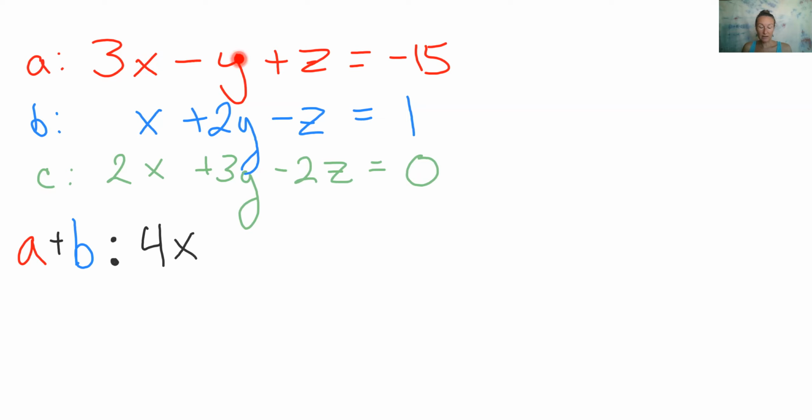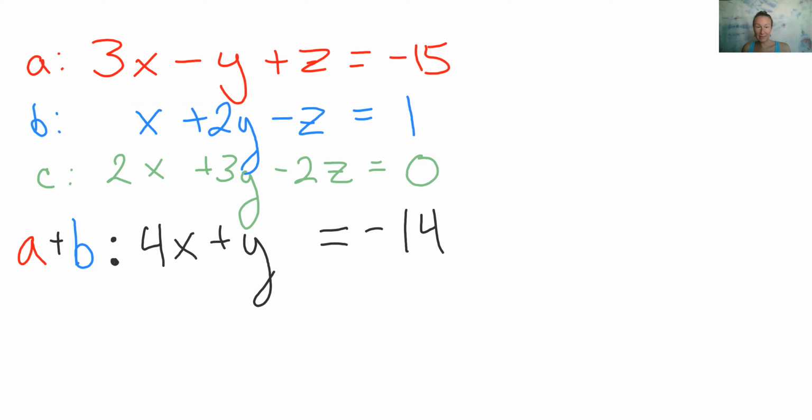I'm going to add a -y plus a 2y, so I'm going to get just one positive y. And when I add positive z plus negative z, I'm not going to get any z's. Nice, right? And then that equals -15 plus 1, which is going to be -14. So here I've eliminated z.